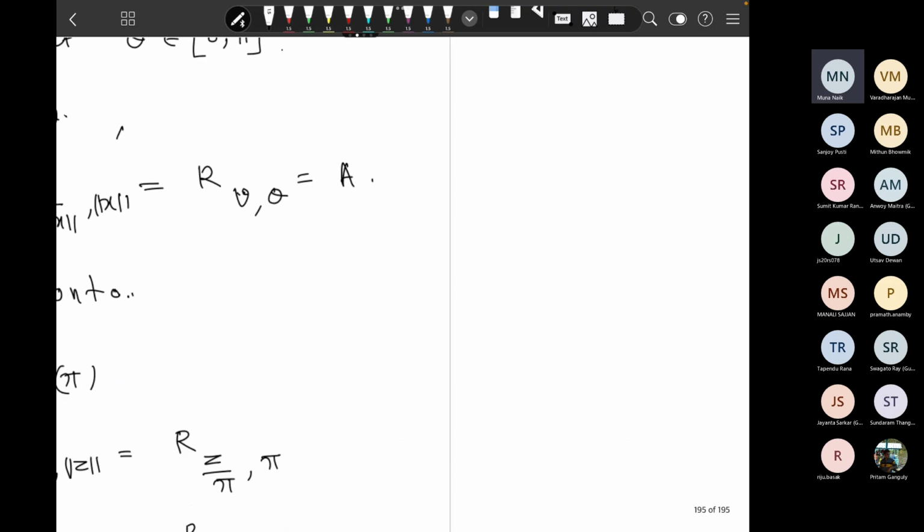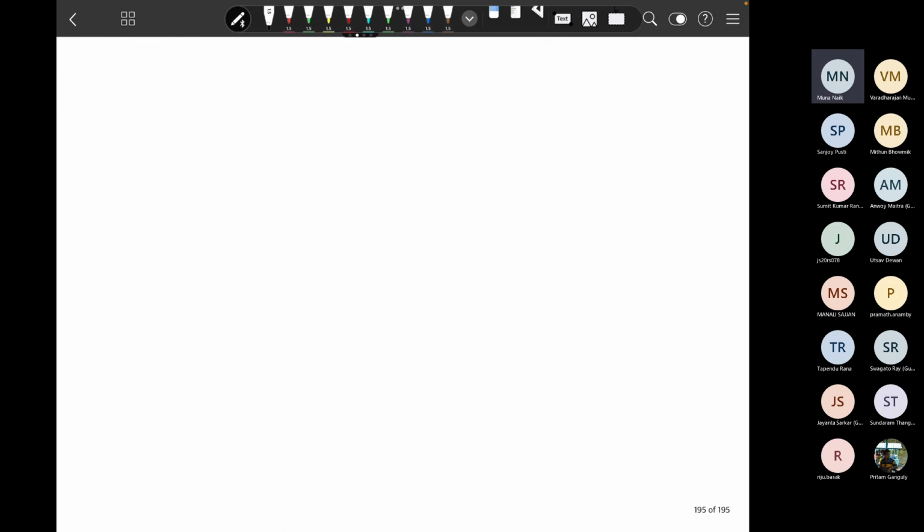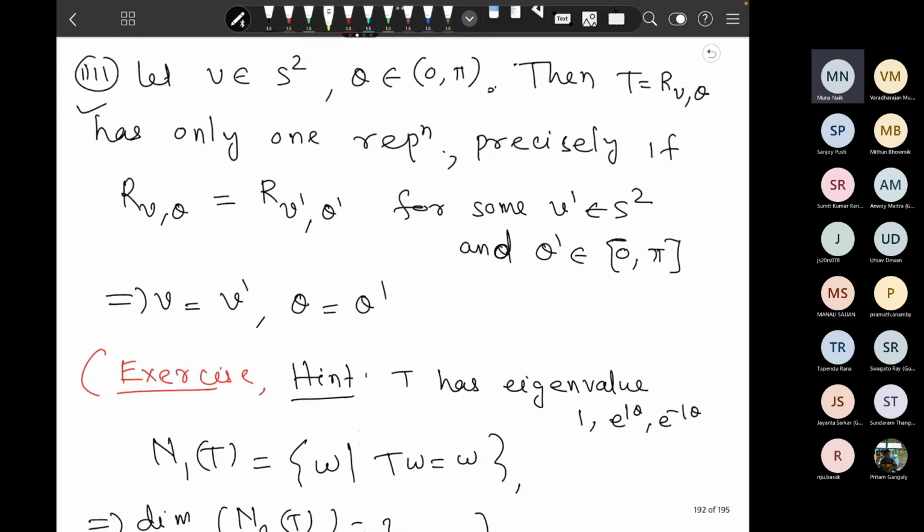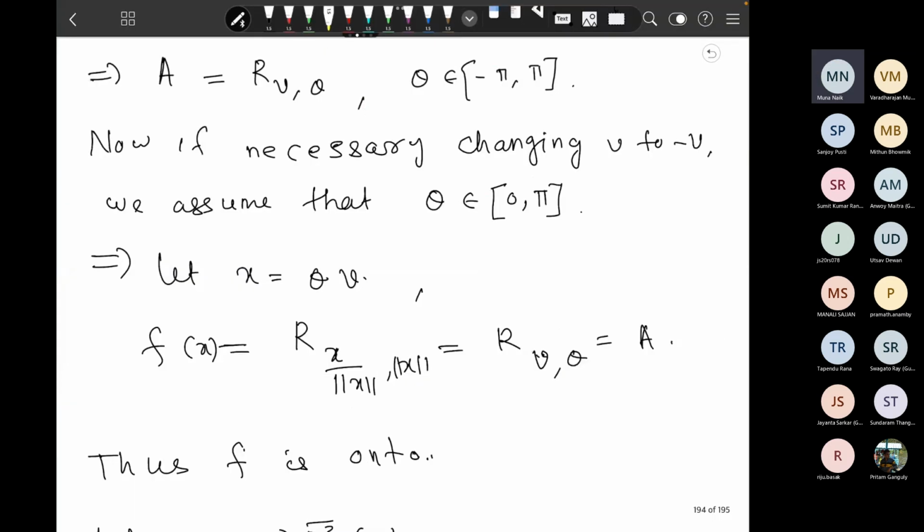If you take RP3, you take this ball and identify antipodal points on the boundary sphere, and if you take some point inside, then because R_B(theta) has only one representation, this map will be one-one.